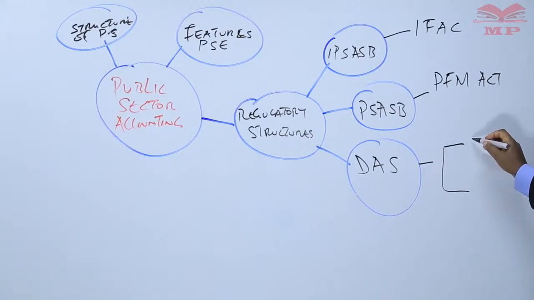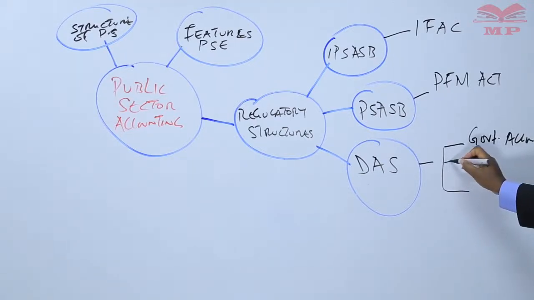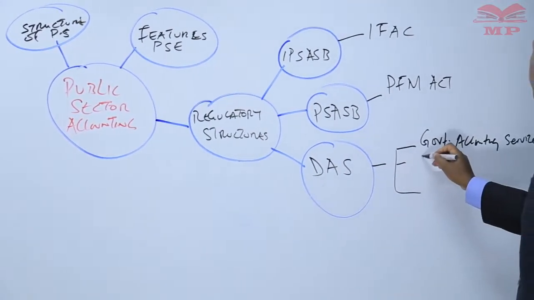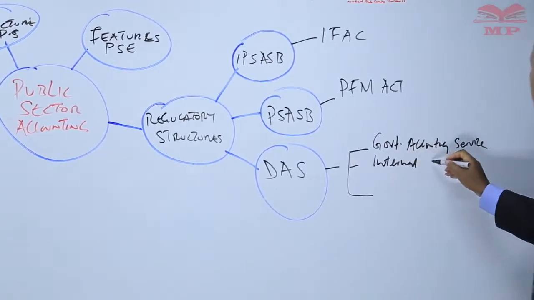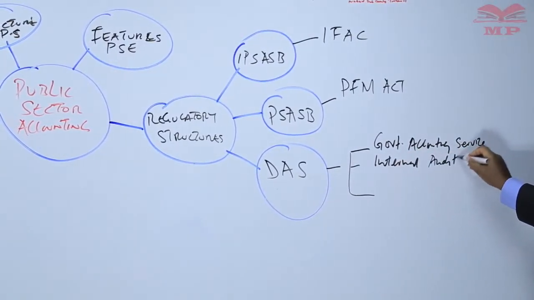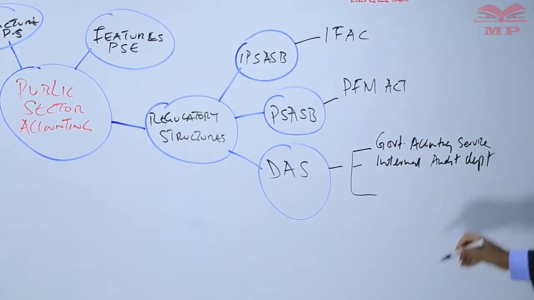The first one is government accounting services. The second directorate is the internal audit department.